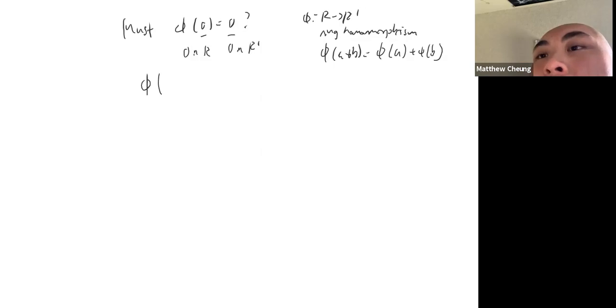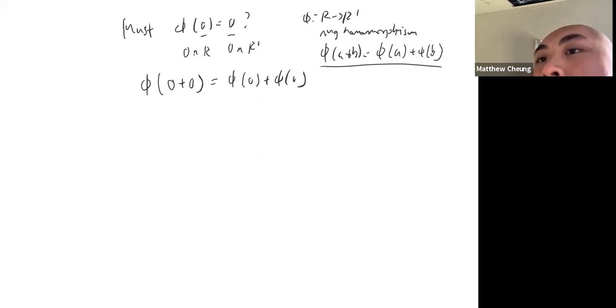So phi of 0 plus 0, what is that? From this rule, this is phi of 0 plus phi of 0, right? But what's phi of 0? Phi of 0 plus 0 is just 0, yeah? So this is phi of 0.